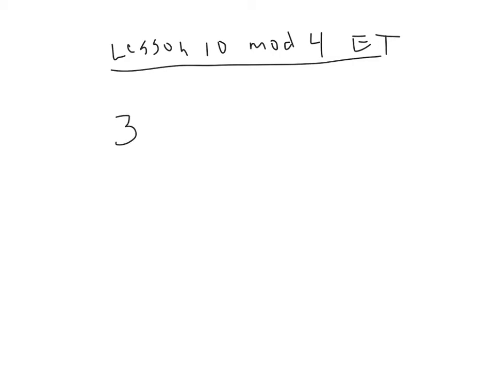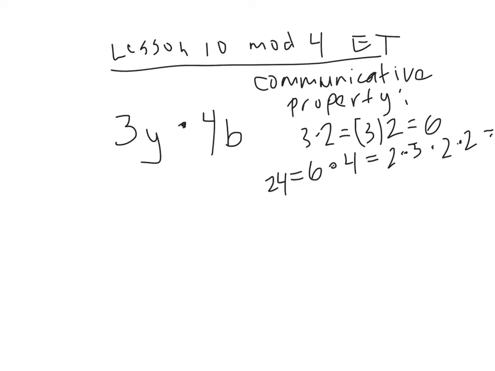So they have something like a coefficient and a variable times another coefficient and variable. And they want you to use the commutative property to group these together with the least amount of symbols and numbers.